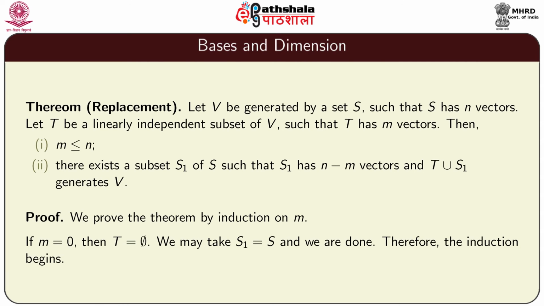This is the first part of the statement, and what the second part tells you is that starting with this linearly independent set T, we can get some more vectors if needed from the spanning set S, so that T union S1 is itself a spanning set of V.